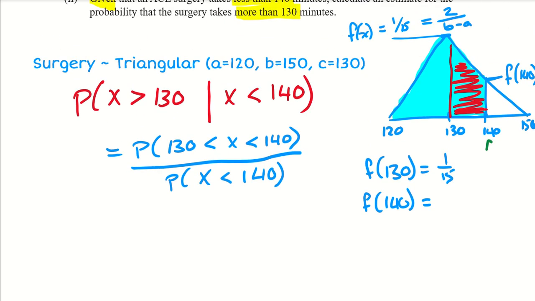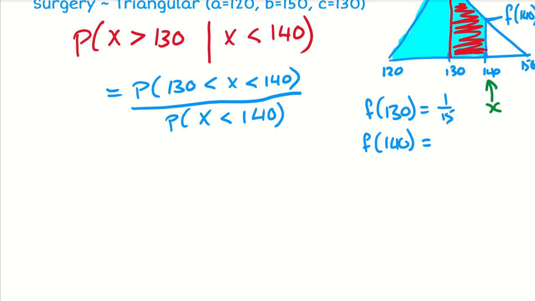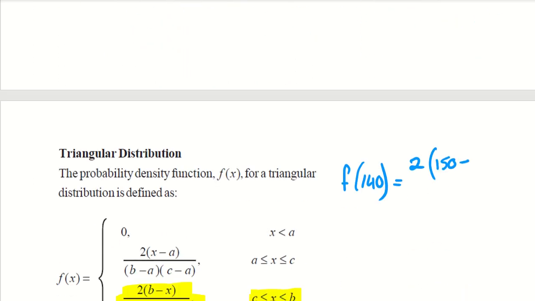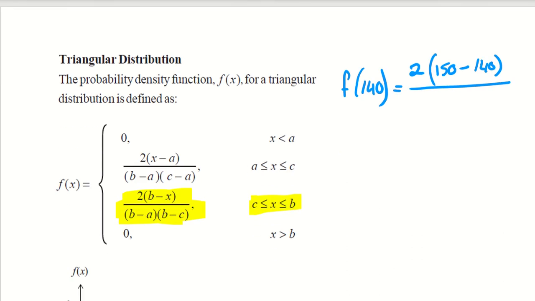Well, our X value is the 140, because that's what we're trying to find. So that's my A, my B, my C, and my X. So X is 140. And I'm going to divide that by B minus A. So B is 150 minus my minimum, 120, times B, which is my maximum, minus C, my most common, 130.